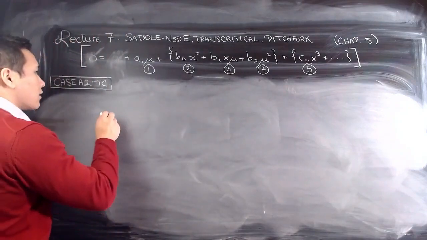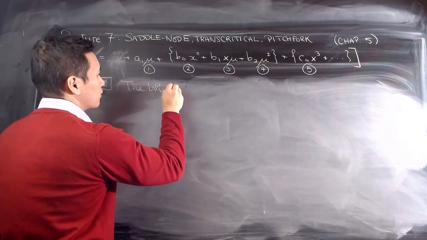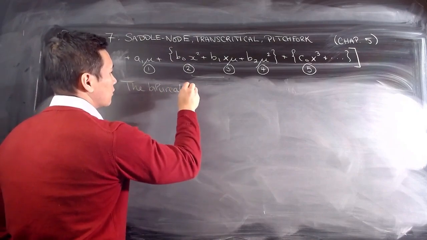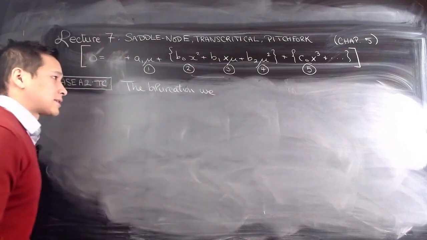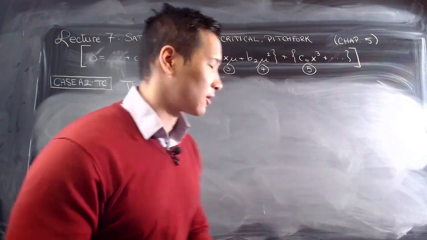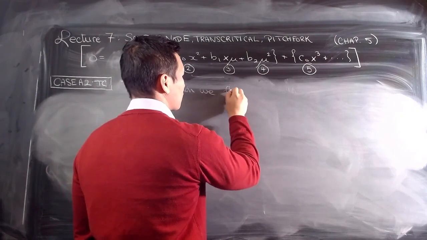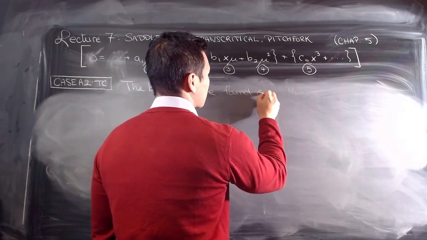Okay, so the bifurcation we found, and someone had asked in the last lecture, what's the reason for the word transcritical? And I meant to think about that. The bifurcation we found is called transcritical.